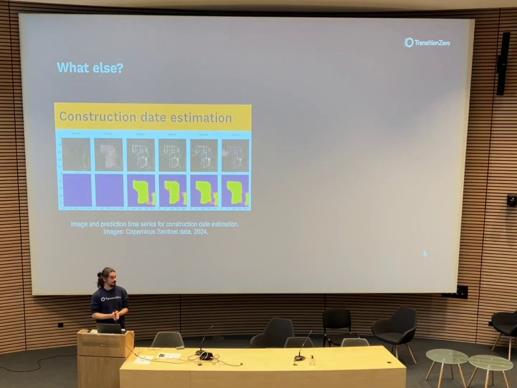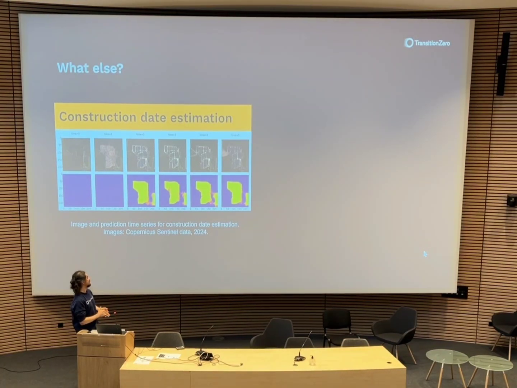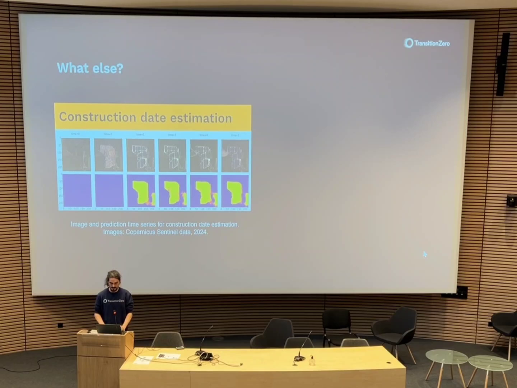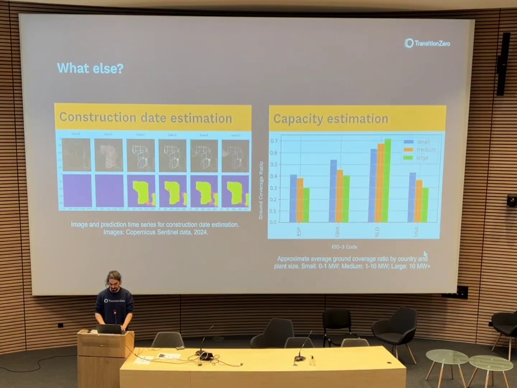What else can we do? So we don't only provide the locations and sizes of things, we're also able to apply our model backwards in time to estimate the construction date of each of the facilities, or a large number of facilities in our data set, and therefore infer estimated grid connection dates.